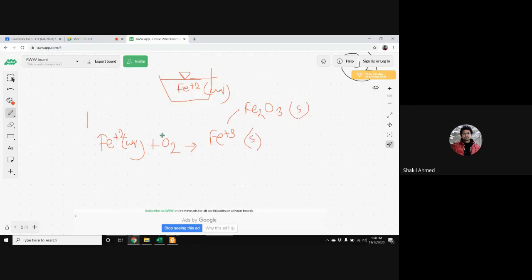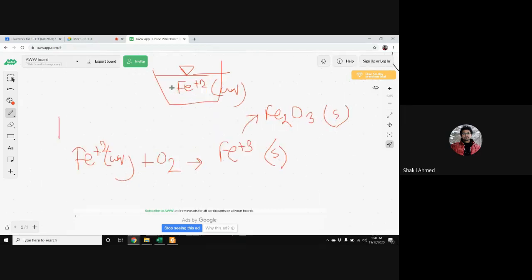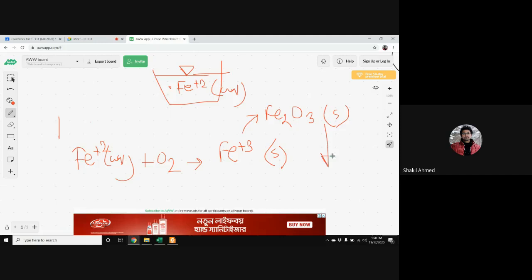Whenever you oxidize iron with oxygen, it will become ferric oxide and will no more be in dissolved form. Since it is solid, it will precipitate.